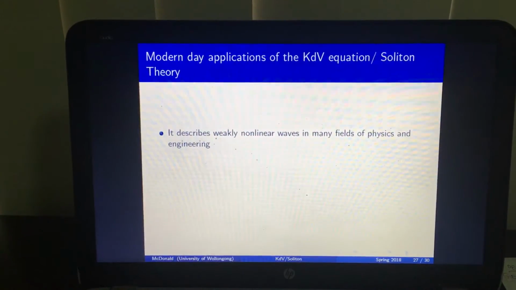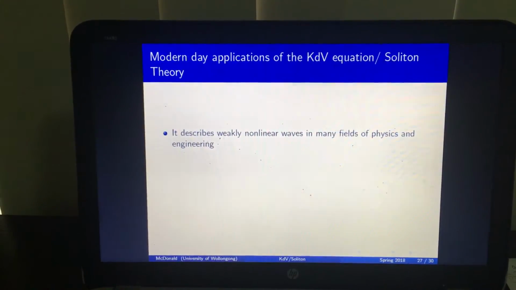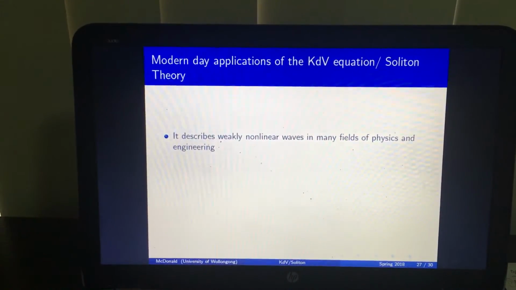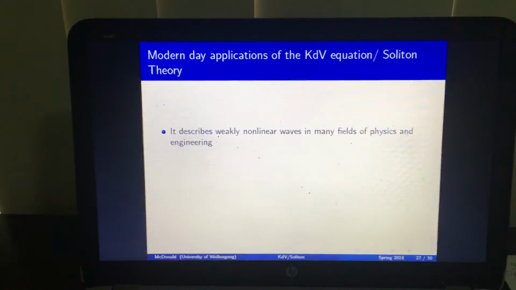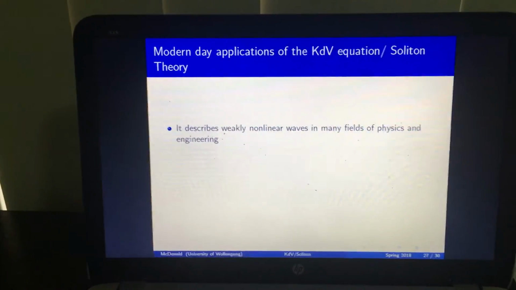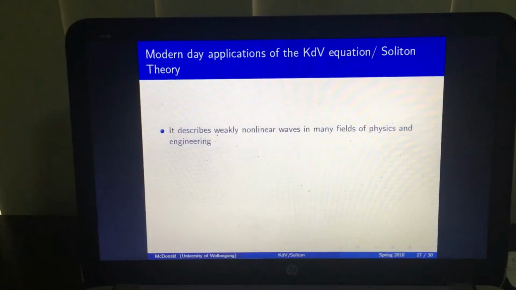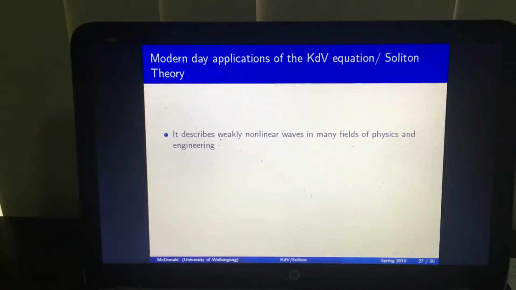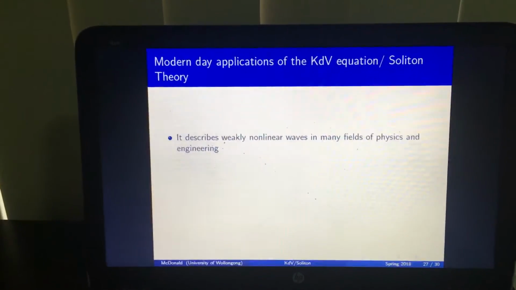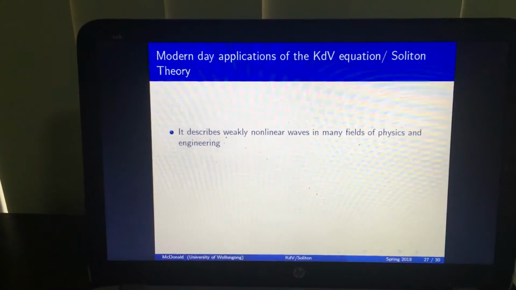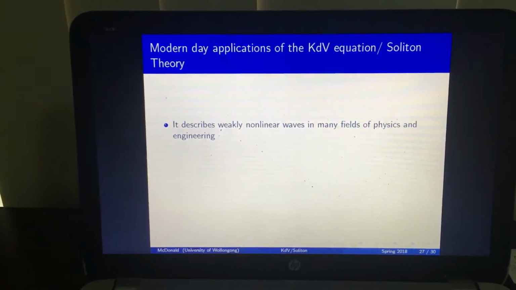So what are some modern day applications? Well, the KdV equation was groundbreaking at the time, and then the soliton theory in general was groundbreaking as well. That was a huge advancement in describing weakly nonlinear waves in many, many fields of physics and engineering.